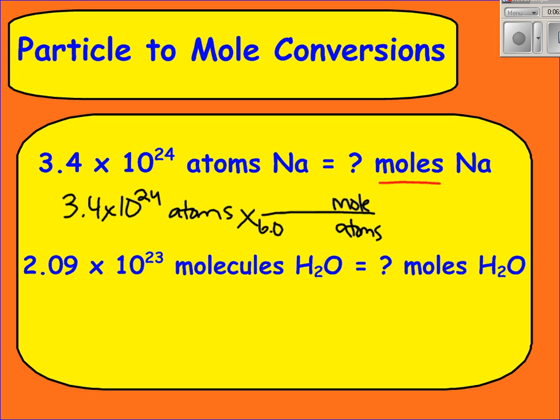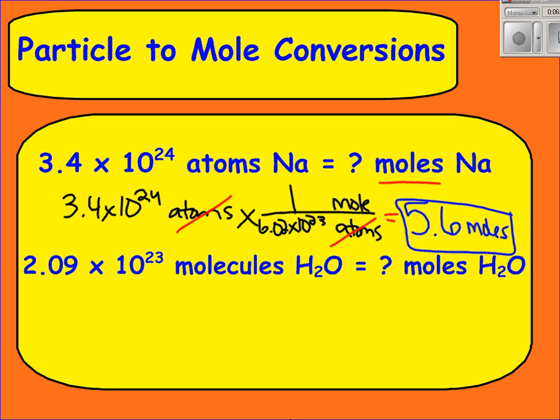We know that there are 6.02 times 10 to the 23rd atoms for every 1 mole. Atoms cancels, and now we're left in moles. Take 3.4 times 10 to the 24th divided by 6.02 times 10 to the 23rd because it's on the bottom. Your total answer with correct significant figures is 5.6 moles.